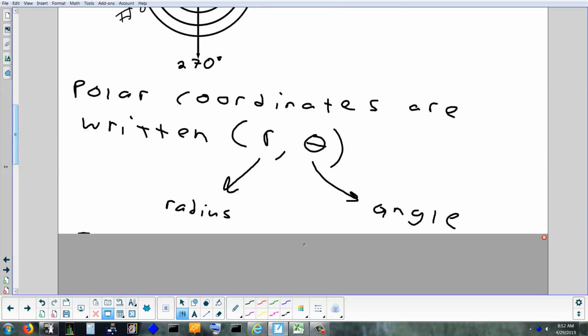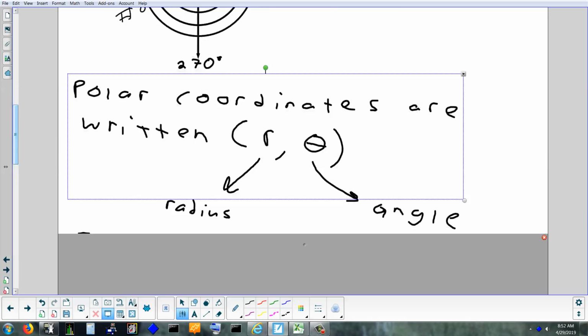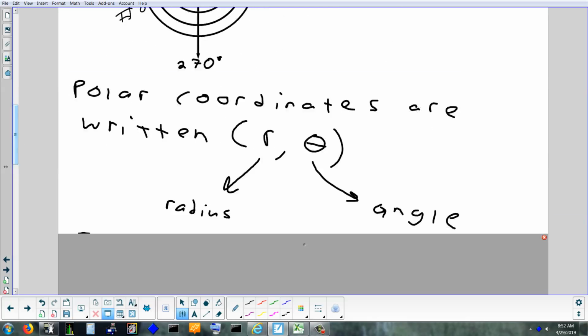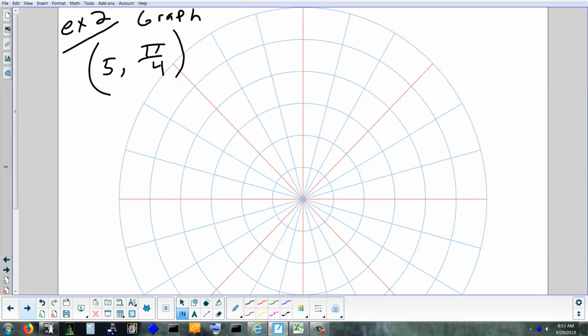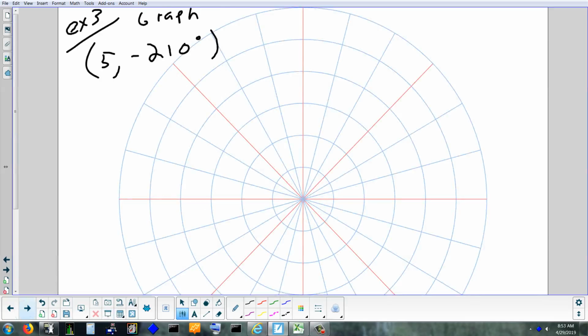How far out do you move? And then theta has to do with an angle. So a typical coordinate in polar would look like 3, 120 degrees, or 5, pi over 4 radians. Those are all points in polar, and we'll practice graphing them after.